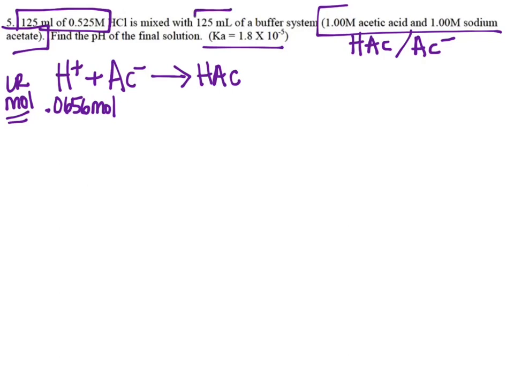Well, we have 125 milliliters, and it's 1 molar. So that means we have 0.125 moles of acetate. Acetic acid is the same thing, so there's 0.125 moles of acetic acid.